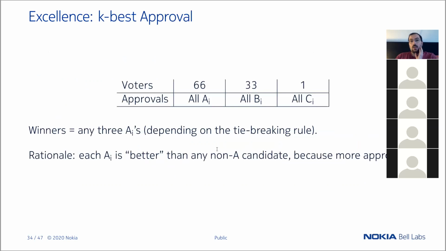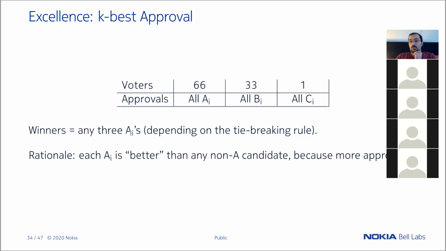So, for example, with K-best approval, with my example, I had 66 voters who like candidates A something, 33 like candidates B something, and one likes the candidates C something. And here it's exactly the example of the taxi drivers at the beginning of the talk.